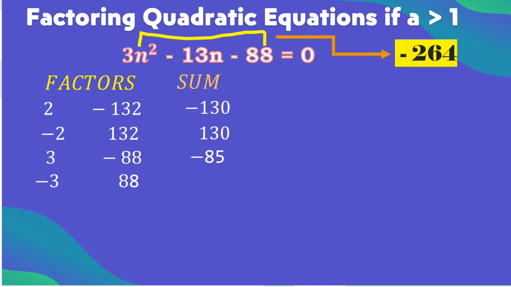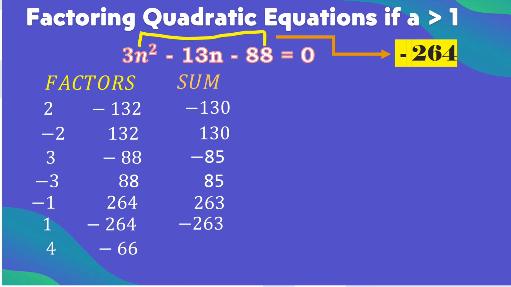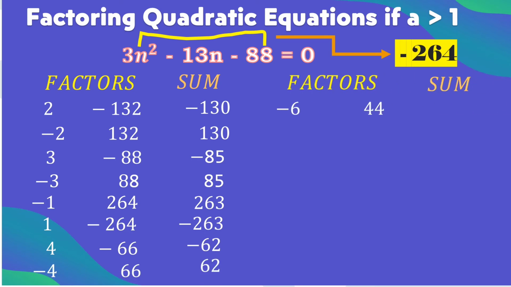Negative 3 and 88 has a sum of 85. Negative 1 and 264 has a sum of 263. Positive 1 times negative 264 has a sum of negative 263. 4 times negative 66 has a sum of negative 62. Negative 4 and 66 has a sum of positive 62. Here are the other list of factors of negative 264 with their corresponding sum.